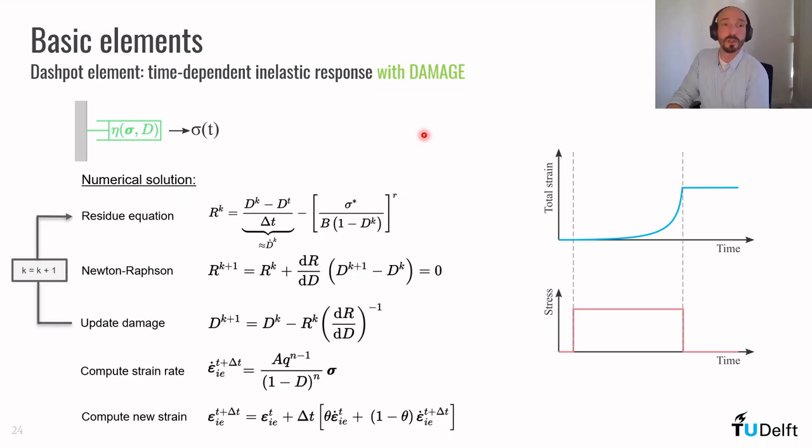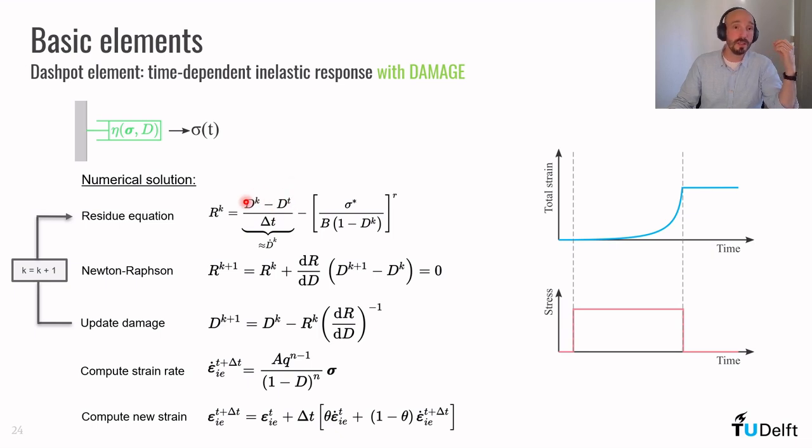Okay, to solve this equation using Newton-Raphson, first we need to define a residual equation, which is given by this expression here. K is the iterative level. The time derivative of damage can be approximated by this expression here. So D at current time level iteration K minus D at the previous time level, which I know.